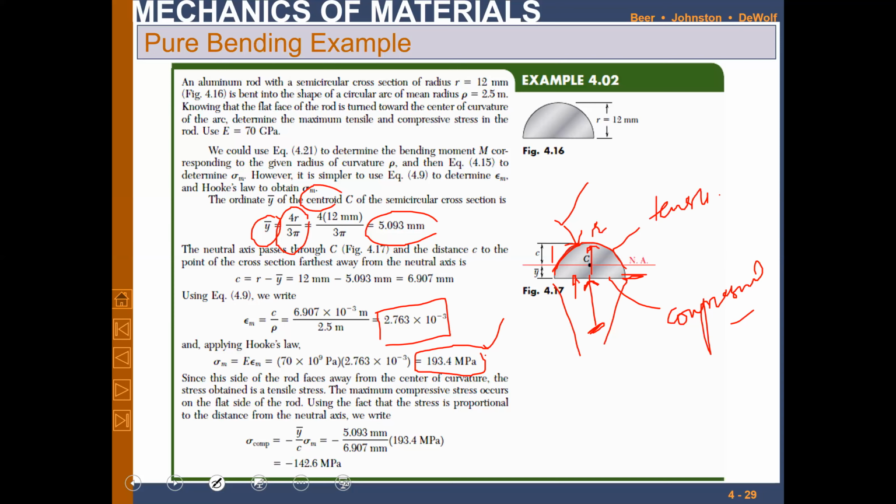This expression we have already seen. By doing all this, we end up with 142.6 megapascals. This negative sign just shows that these are compressive stresses, right? Fine.